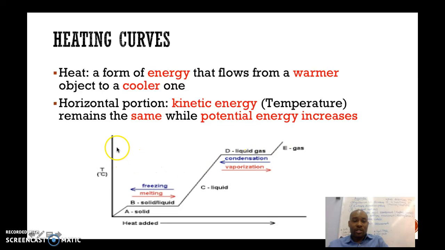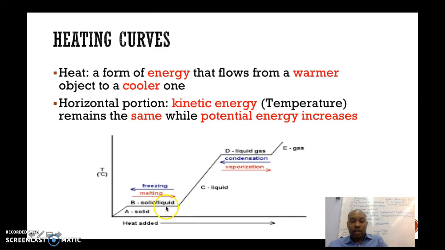Now, what is this diagram showing? On the y-axis, it's showing the temperature, so we can measure that in degrees Celsius. And on the x-axis, it's showing heat. So what this is saying is that as heat is being applied to a substance, it's going to go from the solid state, that's what this portion of the graph represents, and then it's going to reach a level where the line is going to be steady.